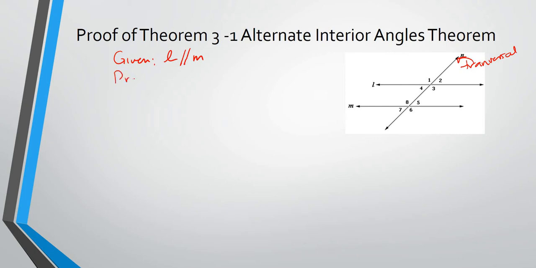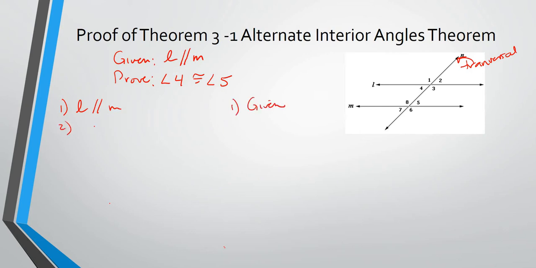We want to prove, and I can do either one, that 4 is congruent to 5, or that 8 is congruent to 3. So we're going to prove that angle 4 is congruent to angle 5. Okay? So number 1, L is parallel to M, given.